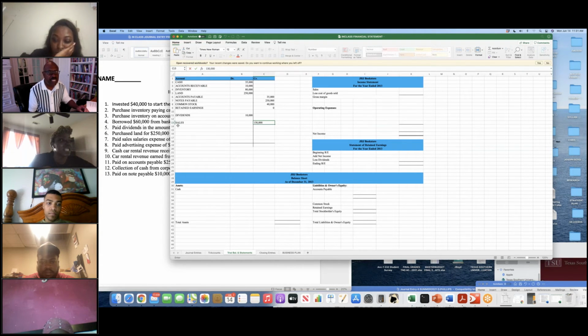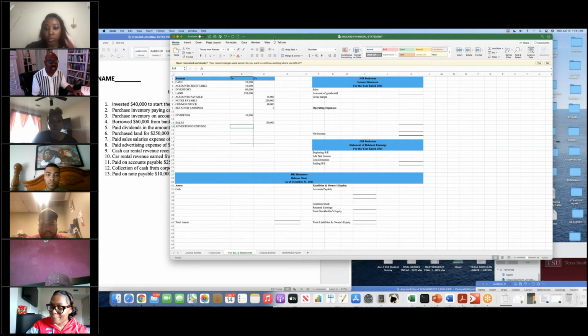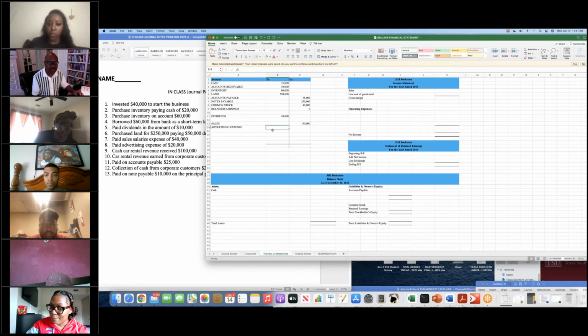Then our expenses, what were they? Advertising expense for 20,000. Office salaries expense for 40,000. And the interest expense for 10,000. So our advertising expense is what, 20,000?